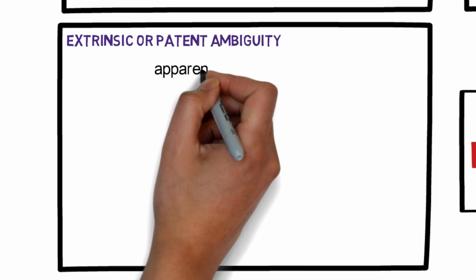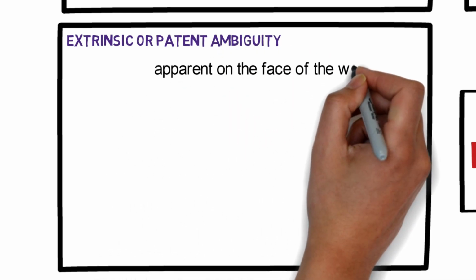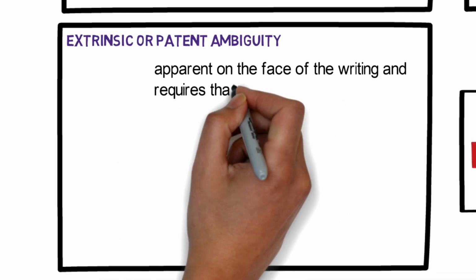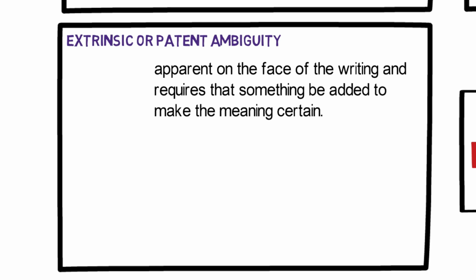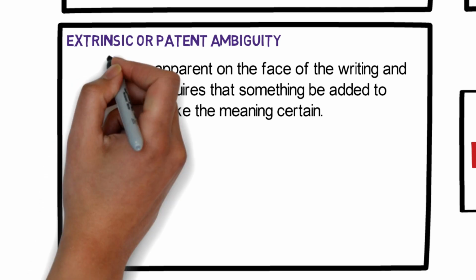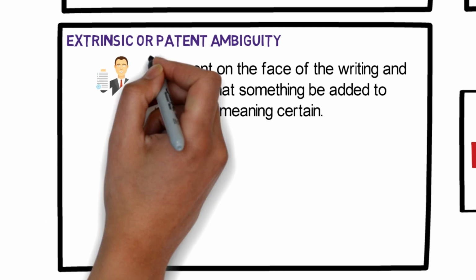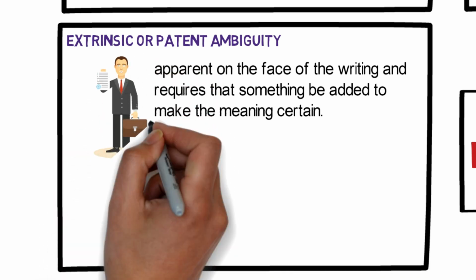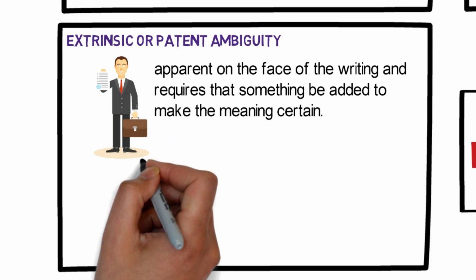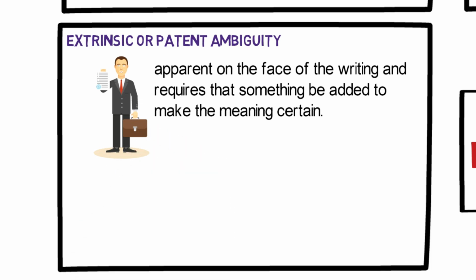It is where the ambiguity is apparent on the face of the writing and requires that something be added to make the meaning certain. It cannot be cured by evidence aliunde because it is only intrinsic ambiguity, not extrinsic ambiguity, which serves as an exemption to the parole evidence rule. Thus, no amount of evidence will clear the ambiguity.